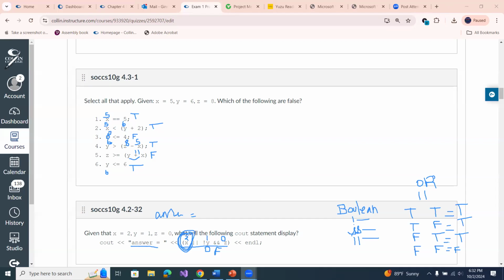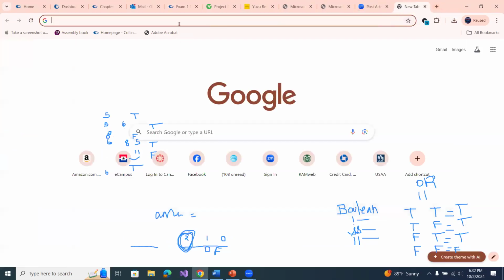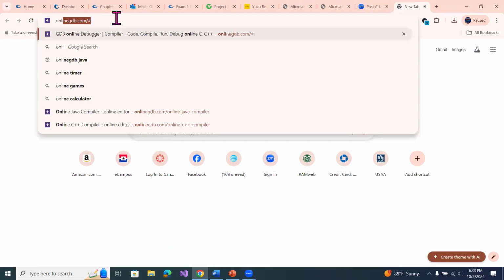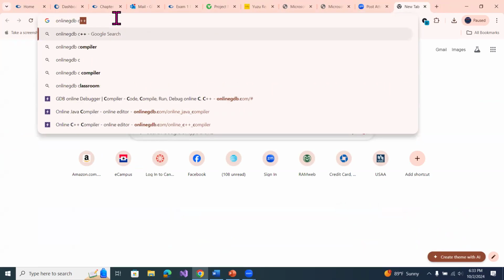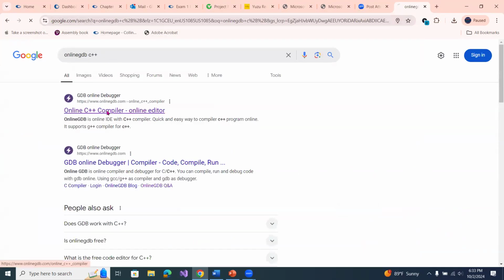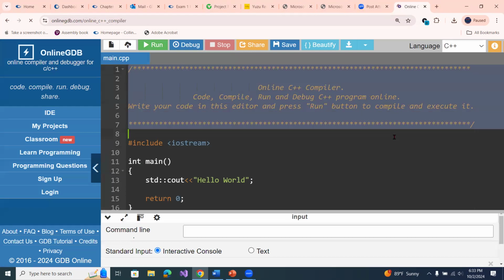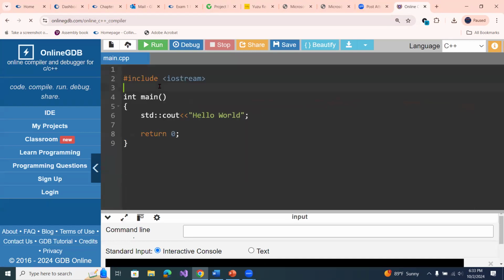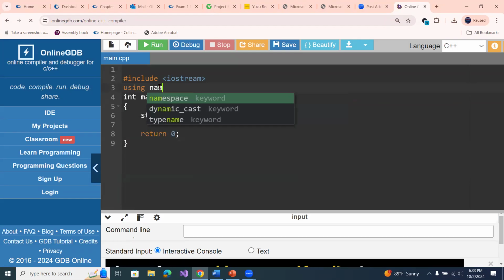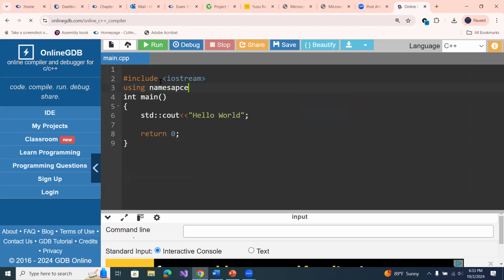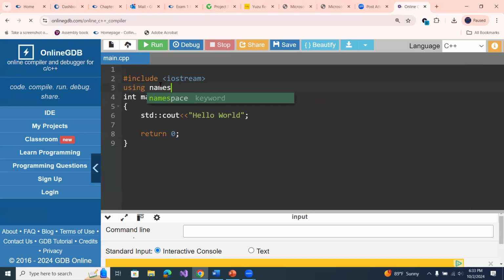So what I want to do is try this for a second. Let me clear this. Online GDB. Using namespace std.